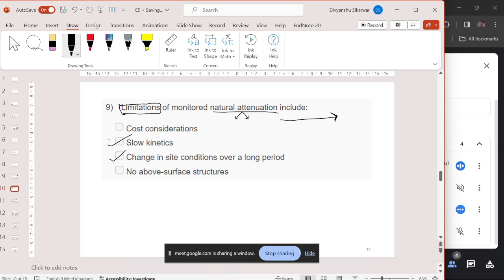These two were false considerations. Monitoring may cost something because we have to monitor for a longer period, but initial cost and operating and maintenance cost will be low. Cost consideration won't be a limitation. And no above-surface structures is true, but it's not a limitation. It's an advantage.